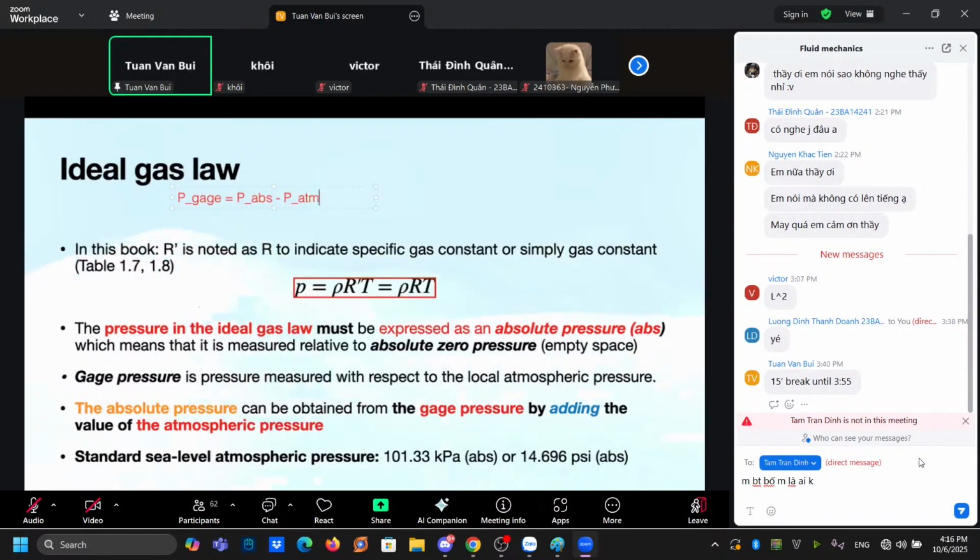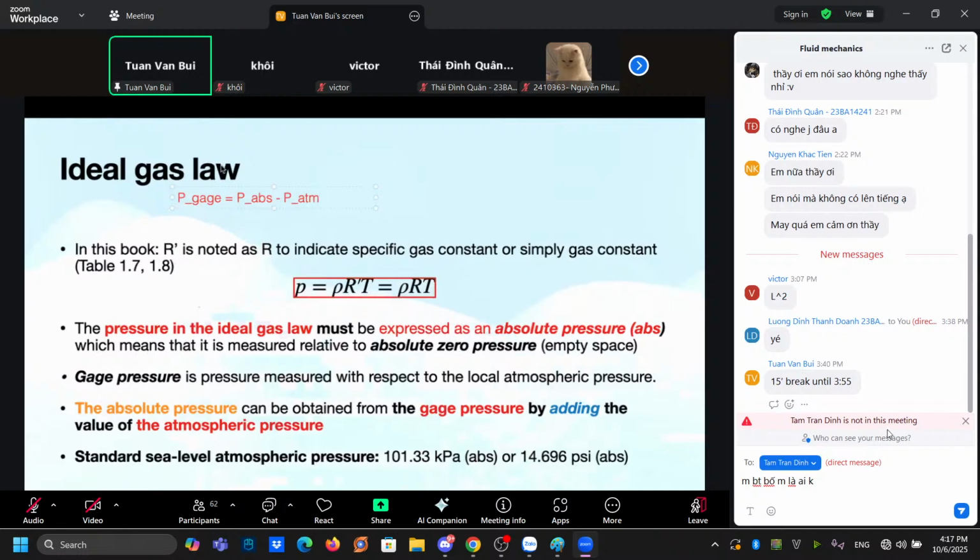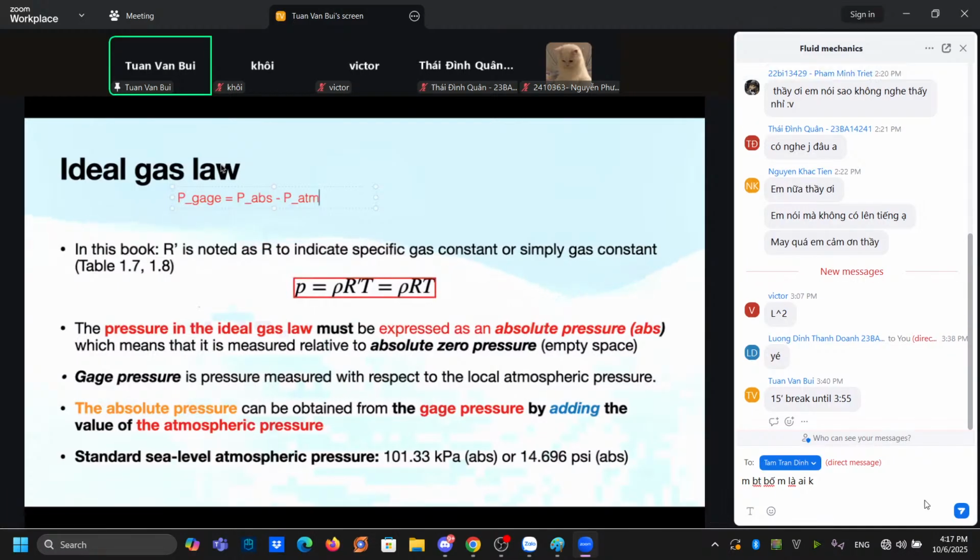It will tell you how much higher or lower the pressure is compared to the normal air around us. Most pressure measuring devices, like a car tire gauge, blood pressure monitor, or air compressor, use gauge pressure because we usually care about how the pressure compares to the surrounding air.